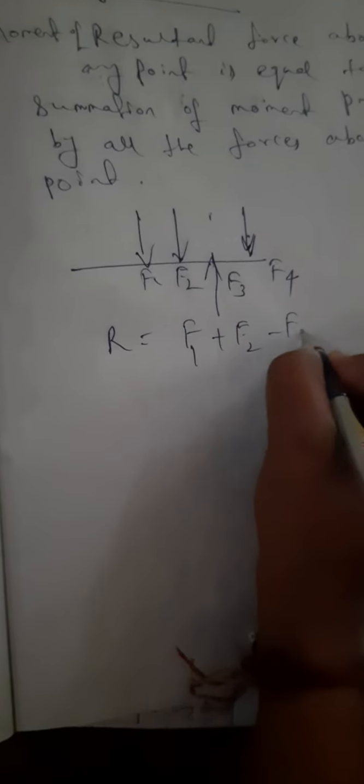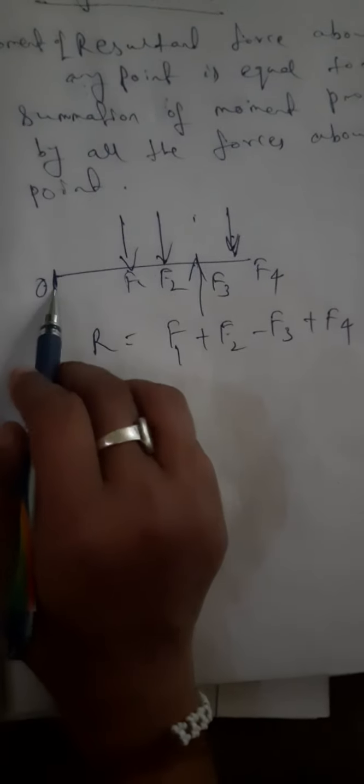So what is the net force, the resultant force? If we take downward force as positive, then we take upward force as negative. So F1 plus F2 minus F3 plus F4 is the resultant force. Suppose we are calculating the moment about this point, let this point be O. The summation of the moments of each force about this point equals the moment of the resultant force about this point.